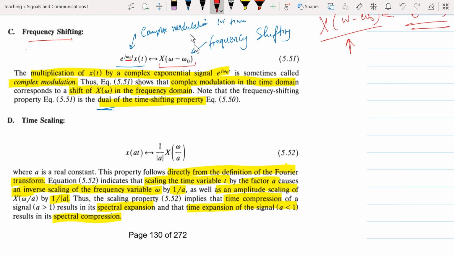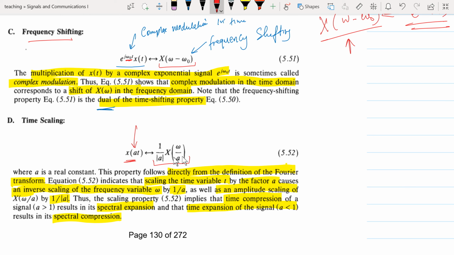Another important property is that of time scaling, whereby we are introducing time expansion or compression in the time domain, and it results in two changes in our frequency domain component. This property follows directly from the definition of the Fourier transform.